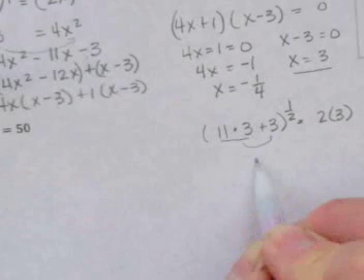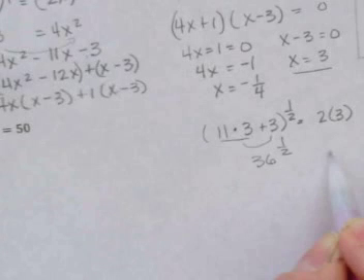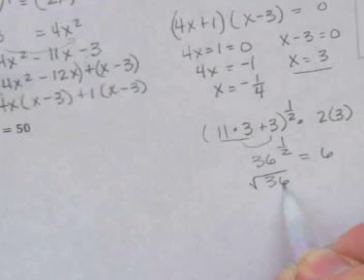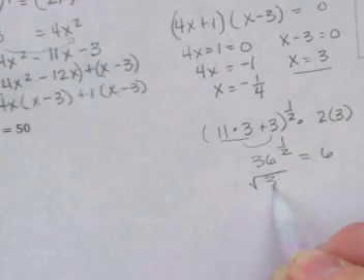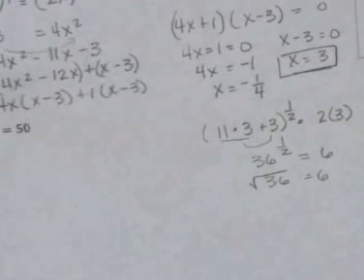I add 3 and get 36 to the 1/2 power is 6. And we can see that this is just the square root of 36. So we have a true statement. So I know that x is equal to 3 is one of my solutions.